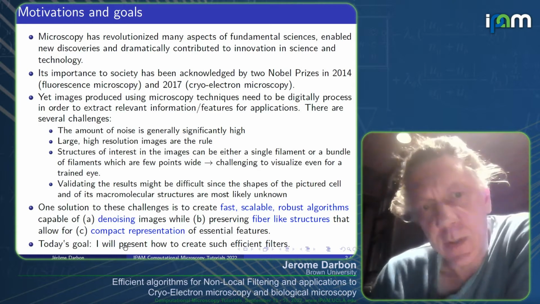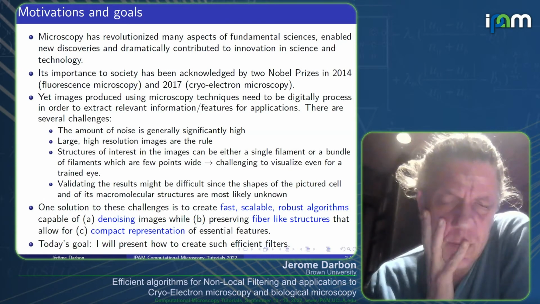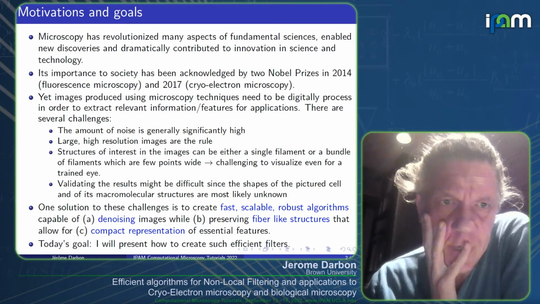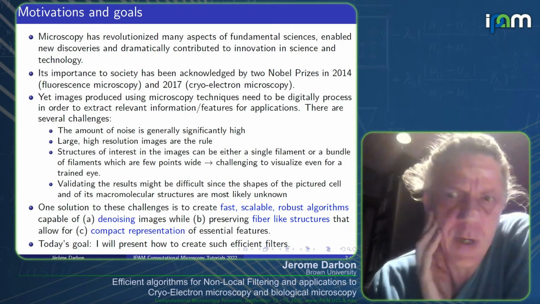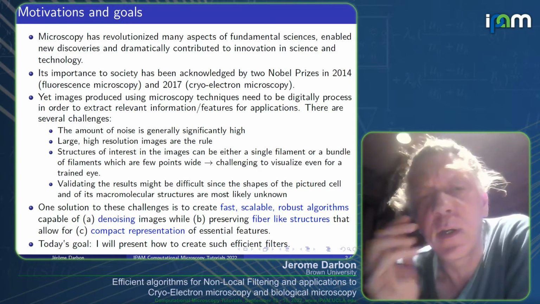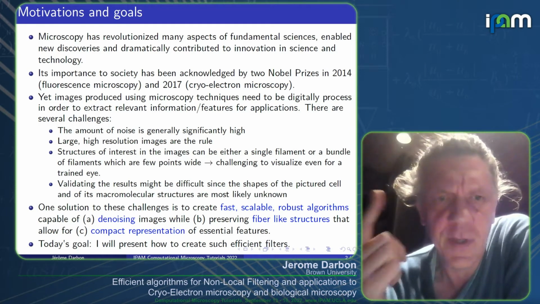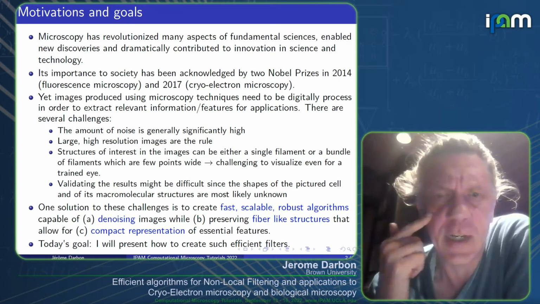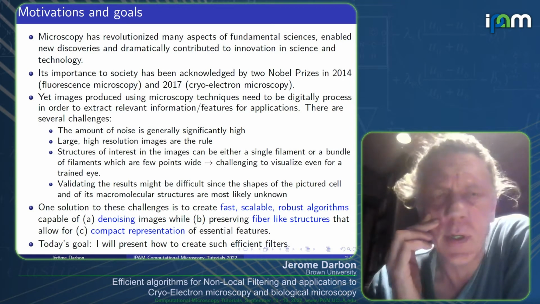So one of the aspects of scientific computing to try to overcome these challenges is to create fast, scalable, robust algorithms with the purpose of denoising the image so that we can improve the quality of the image for the application, while preserving fiber-like structures.